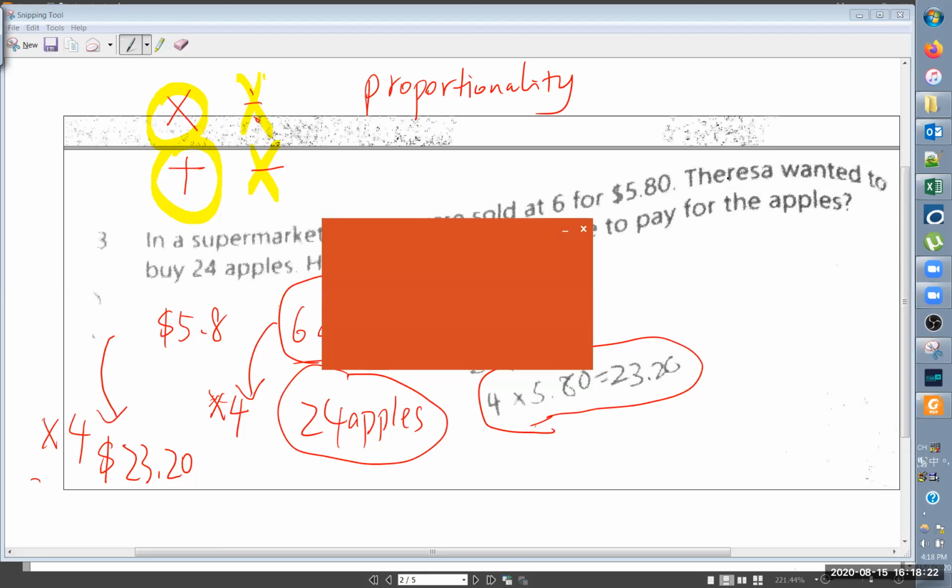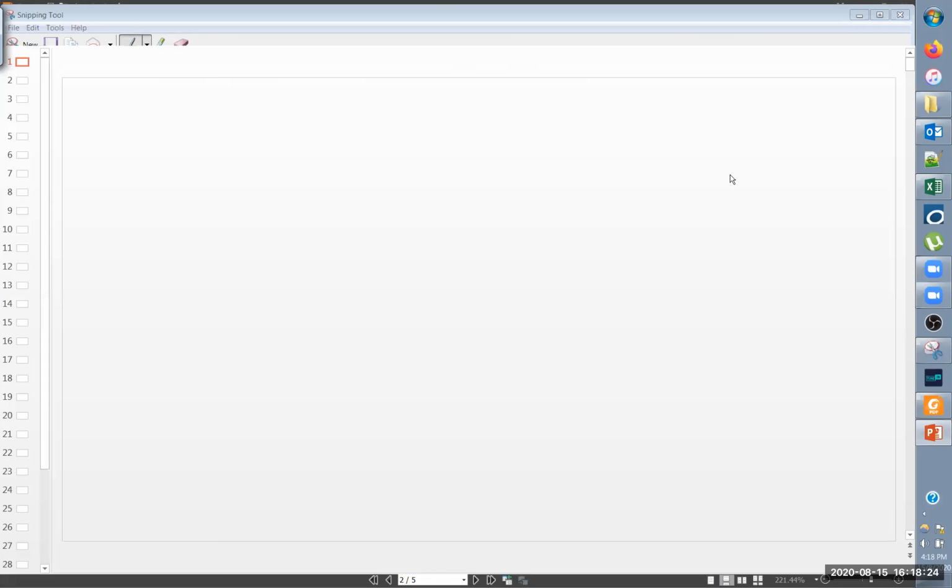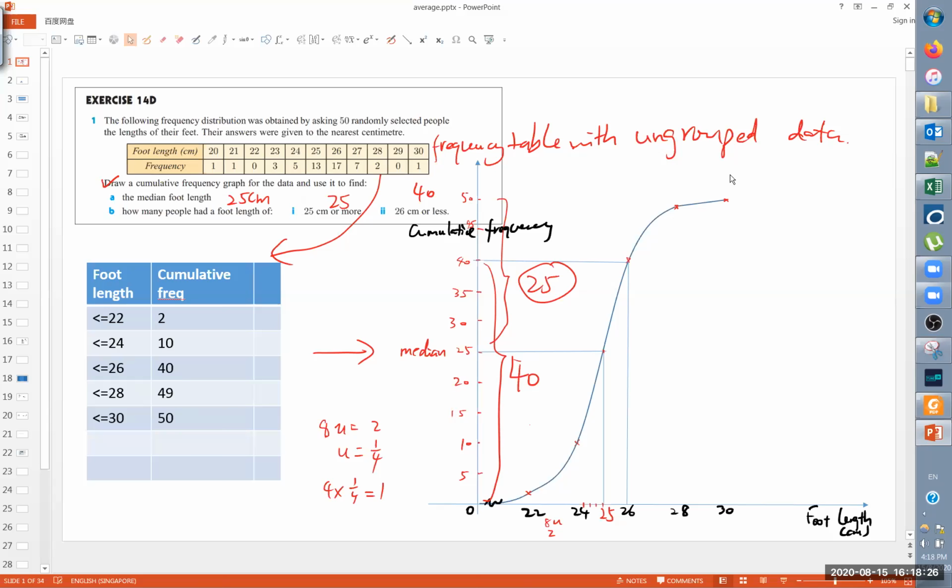I think this concept is easier to digest. What if the number of apples decreased by 2 times? Your amount also decreases by 2 times. Exactly. Increase by 3 times? Very, very simple, right?